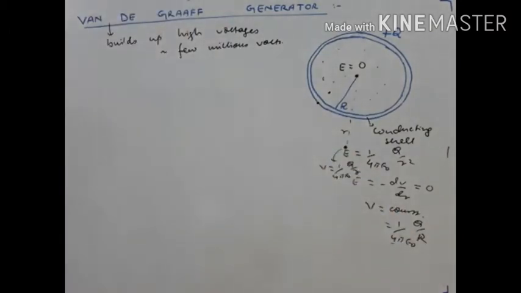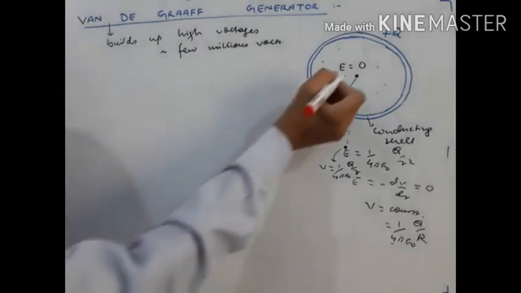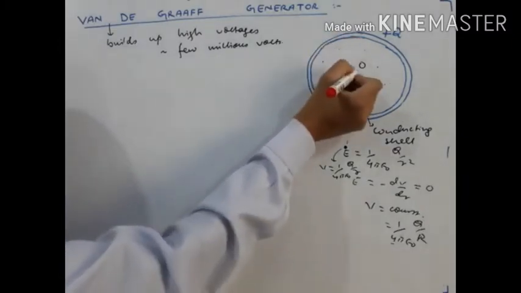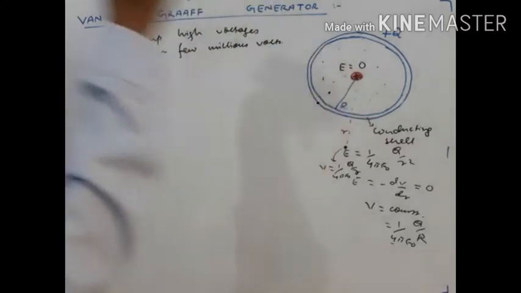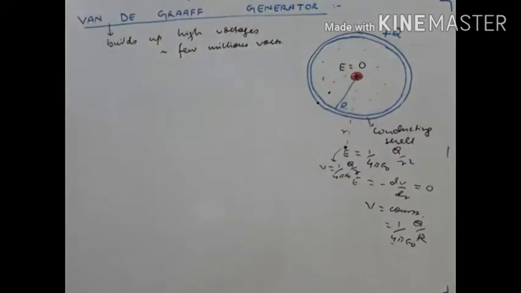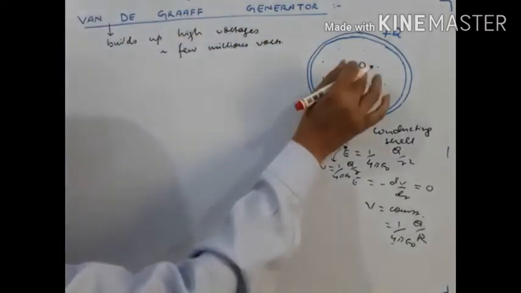With this idea in mind, suppose by some means, somehow, we manage to insert a small spherical charged body inside this cell. Let its radius be small r.